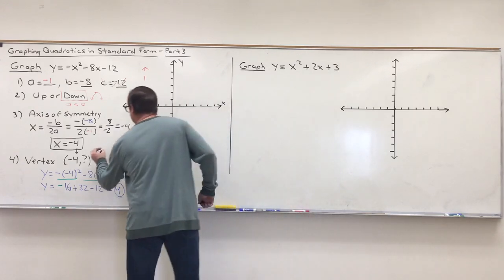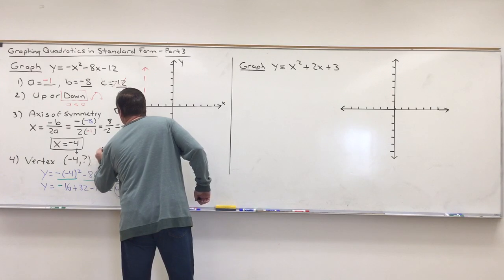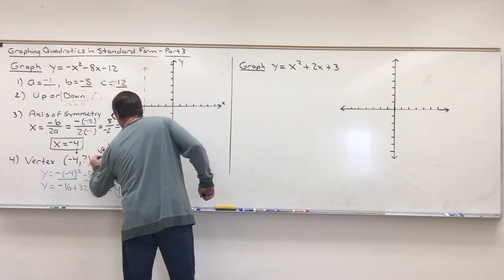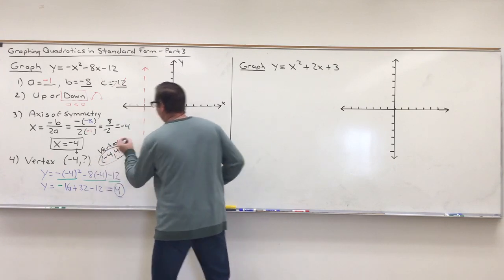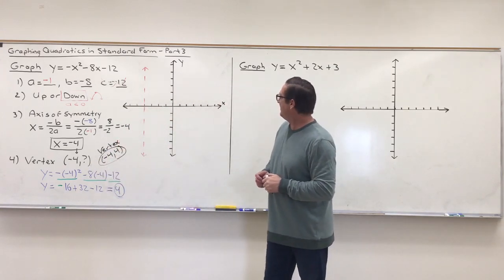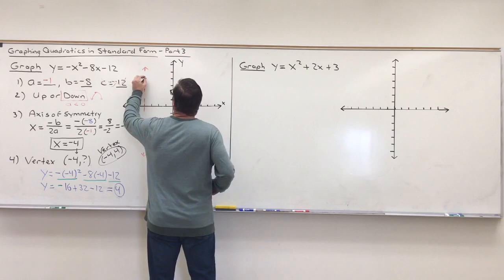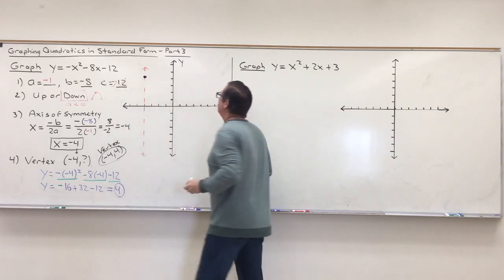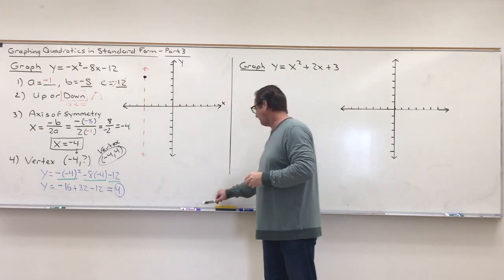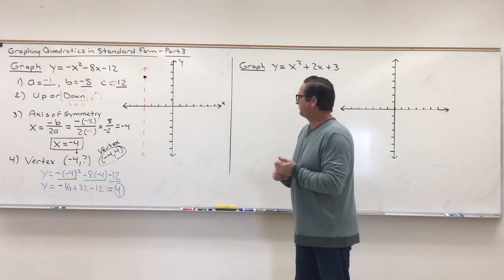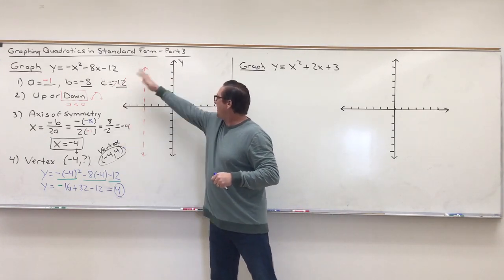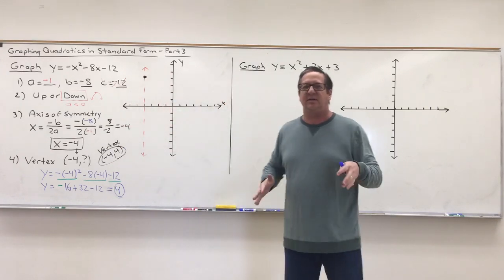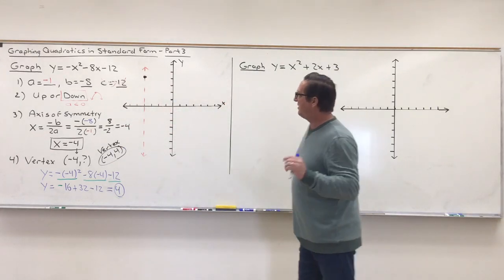Our vertex is -4 comma 4. So I can almost see the parabola happening right here. We know it's going down, but let's go ahead and make our table.